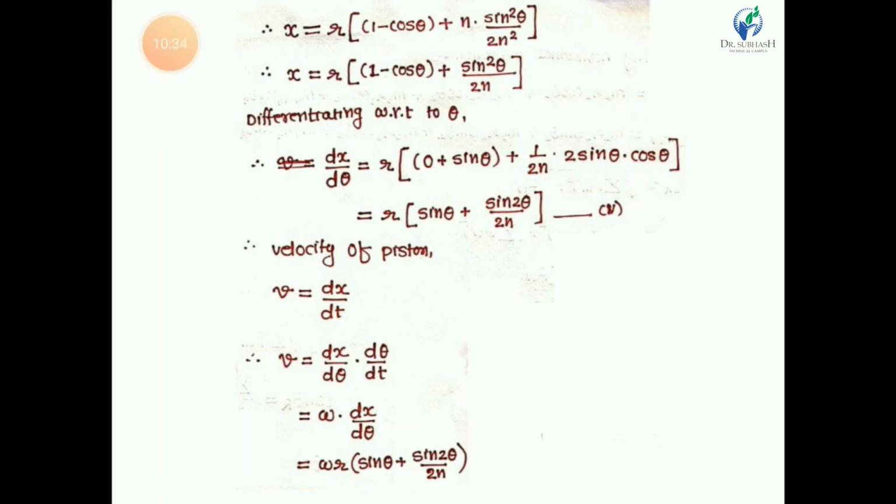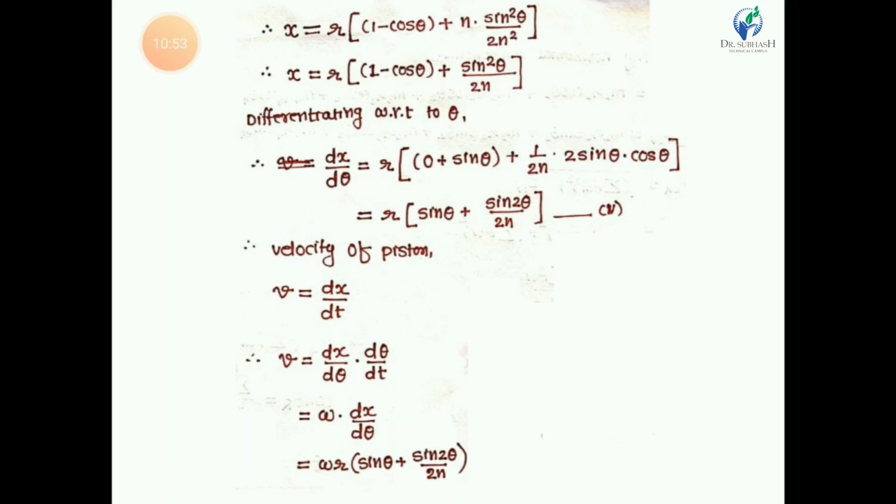So dx by d theta is equal to R in bracket sin theta. Simplifying, dx by d theta is equal to R in bracket sin theta plus sin 2 theta upon n.